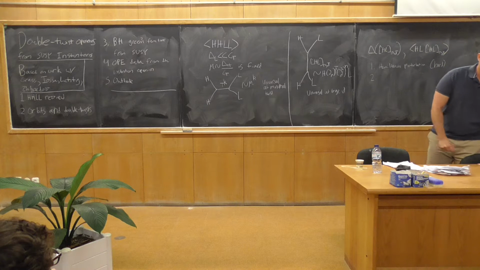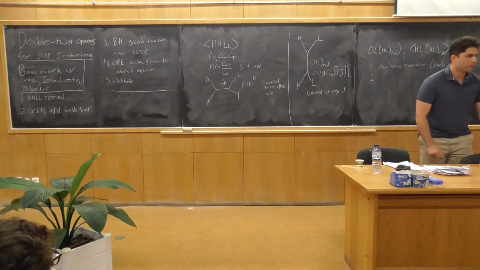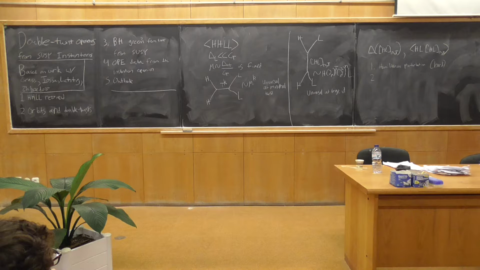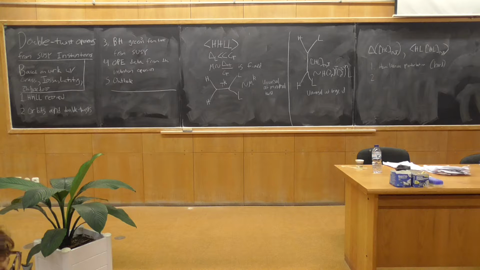Any other questions about this? Yeah, maybe you will comment about it, but what does it mean, this heavy-light double twist? Because it's a very high energy part of the spectrum, so there are lots of operators in that. So it's not really a very clean operator. Yeah, that's probably the key point.